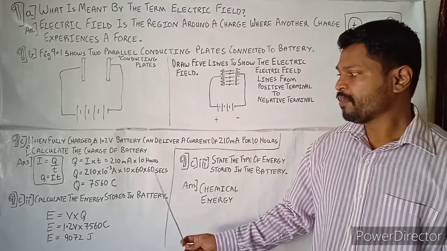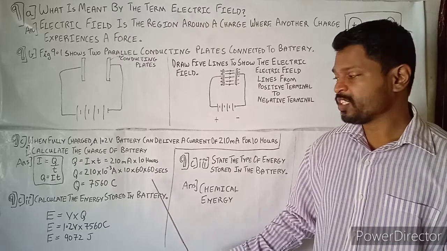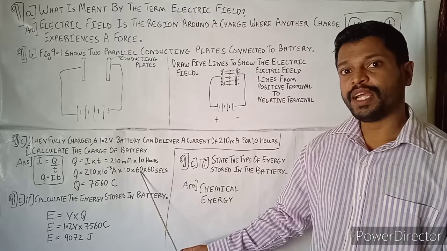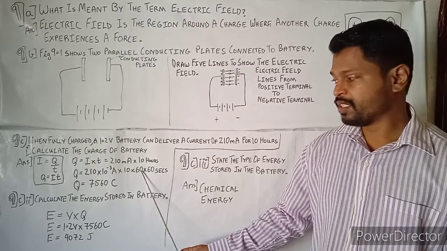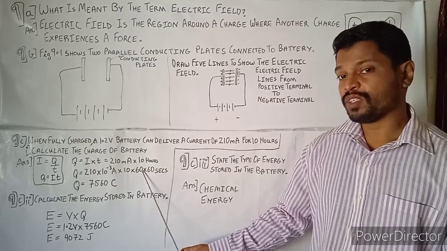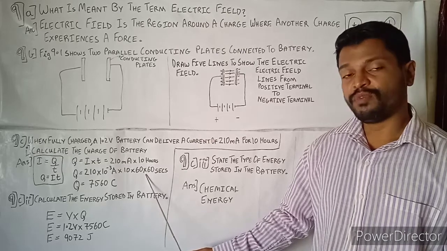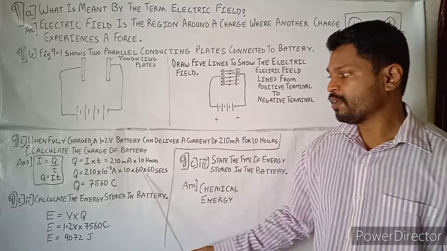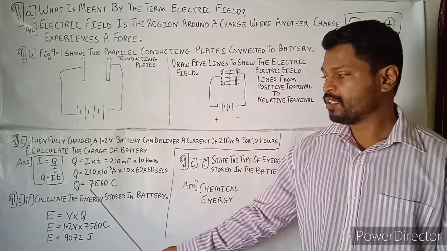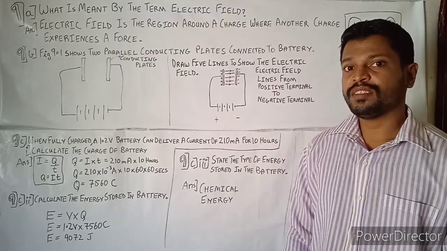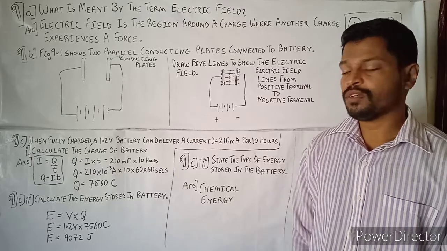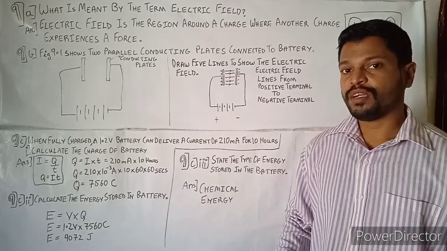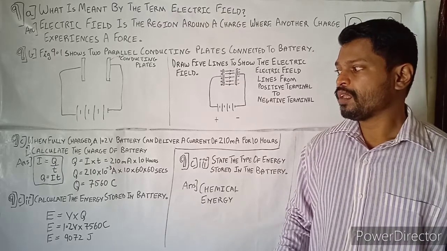I'll tell you once again, hours we have to convert into seconds. So 10, if we multiply by 60, it will get converted into minutes, but we require the answer in seconds. That is why we again multiply with 60. So you have to multiply the whole terms and you will get the charge as 7560 coulombs.